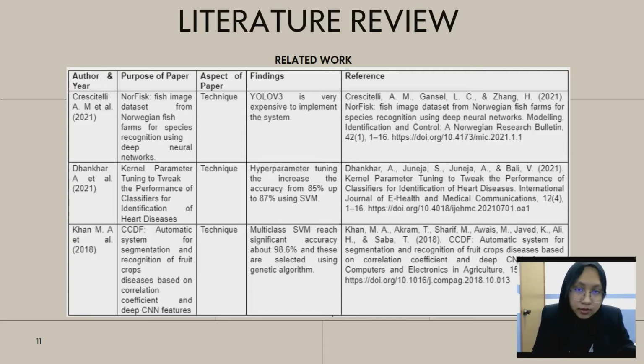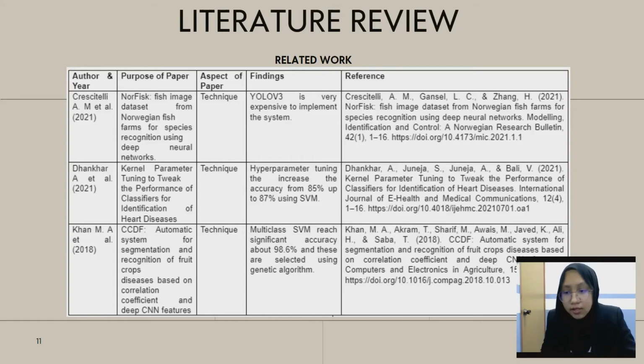The last paper is from Han 2018, titled Automated System for Segmentation and Recognition of Fruit Crop Disease based on correlation coefficient and deep CNN features.